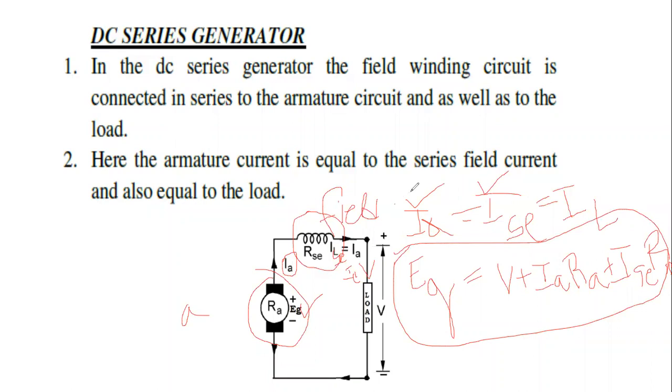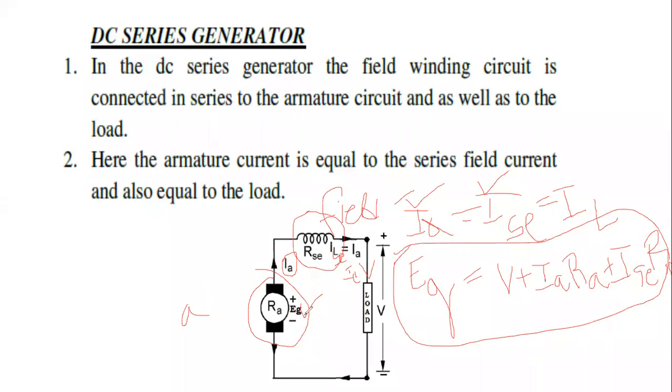First of all, what is meant by series generator? The series field winding is connected in series to the armature. Then that generator is called the series generator. In this case, the EG is developed by itself. That means the exciting current is produced in the armature itself.